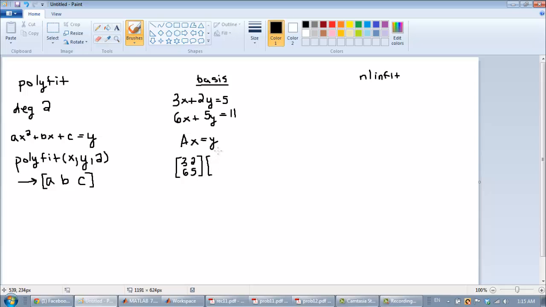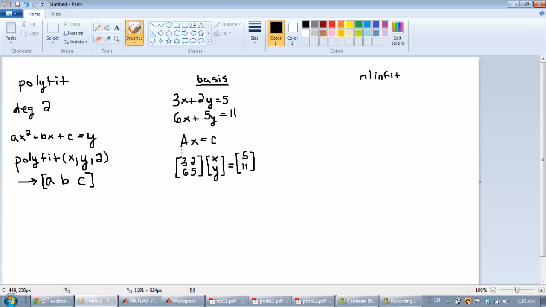Your vector, well, here let me change this. This will confuse some of you. Here your unknown vector is x and y because you're essentially taking dot products with this. And over here is the values you have. So 5 and 11. And you can do tons of cool operations with this.